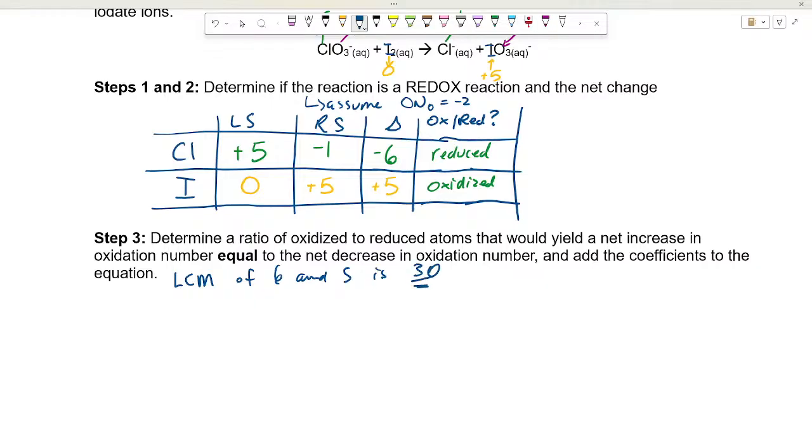That means we need how many Cls? 5 Cls. And how many iodines? 6 of them, because that'll take these both to 30. That will balance the oxidation numbers.